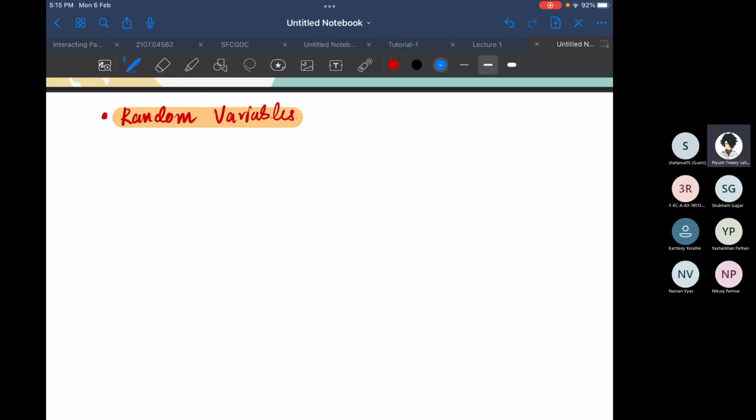Well, that is a very wrong answer actually. If I say X is a random variable, it is just a placeholder. That's it. How can a placeholder be random? It doesn't make sense.